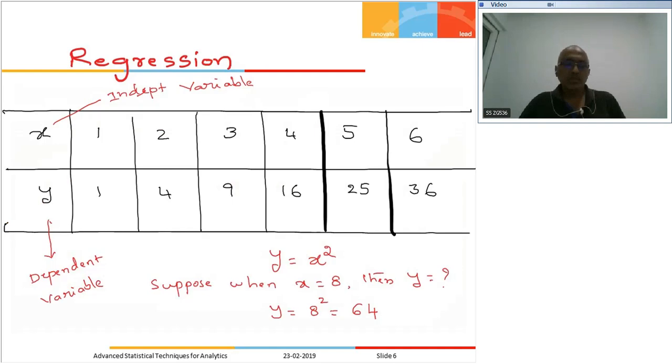Okay. Now suppose this is the example, the same as what we discussed. X is the amount of fertilizer used, in quintals or metric tons, whatever it is. And Y is the output, the crop yield per hectare or per acre, whatever, in a uniform unit.